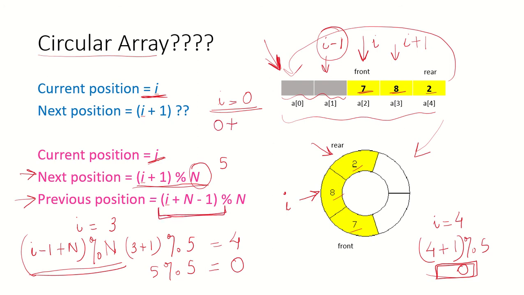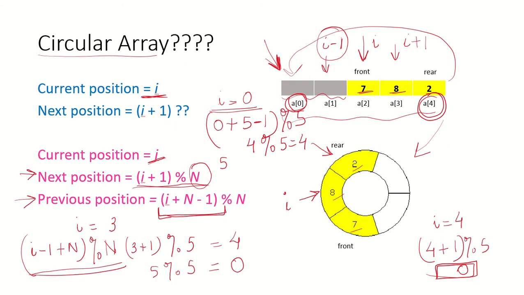I plus n minus 1 modulus 5, which would be 4 modulus 5, which gives us 4. So we know that 4 is the previous position for subscript 0.